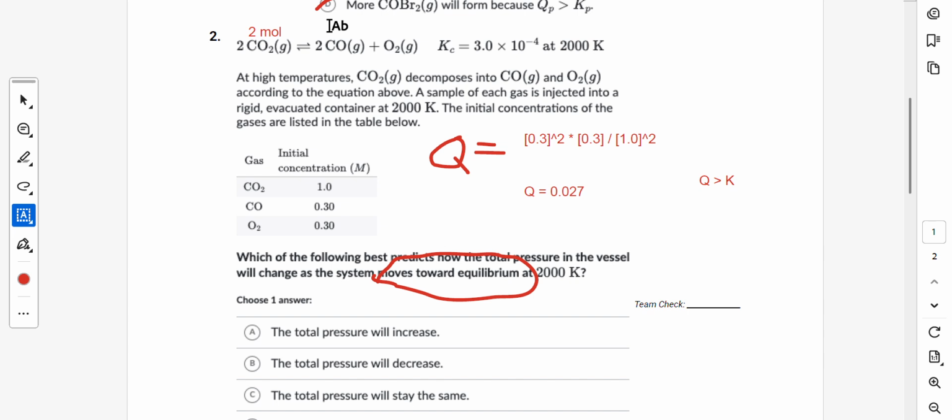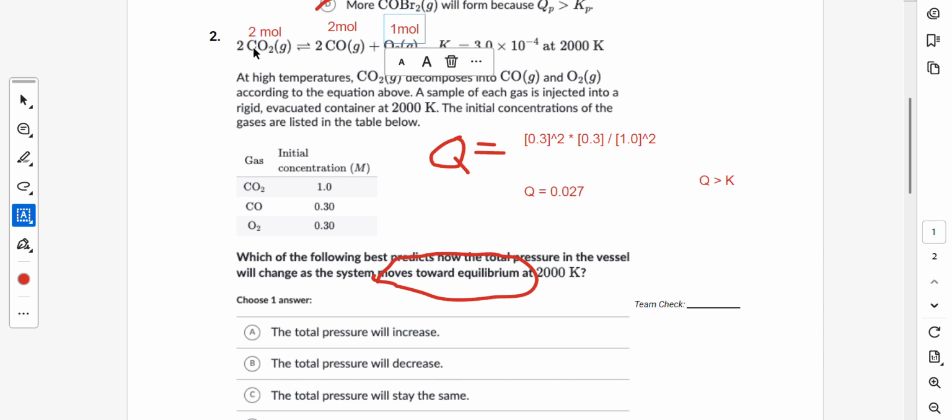Over here, I have a total of 2 moles, plus 1 mole of oxygen. So altogether, on the product side, there's 3 moles. On the reactant side, there's 2 moles. And because it's gas, which is going to have more pressure?